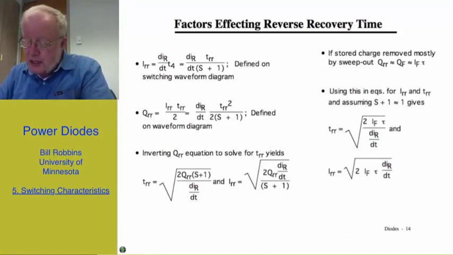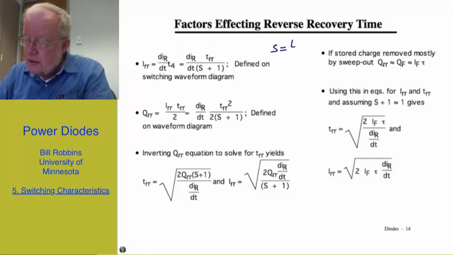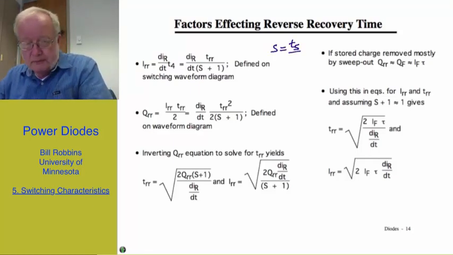From that picture, it's easy to see that I sub RR is dI_R/dt times the time T4. That's usually rewritten in terms of T sub RR over S plus 1, where S is the so-called snappiness factor, and S is equal to T5 over T4.